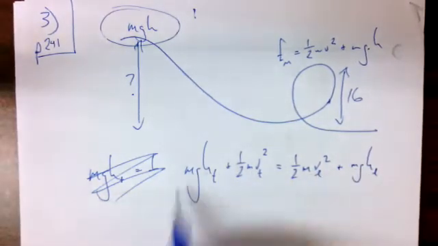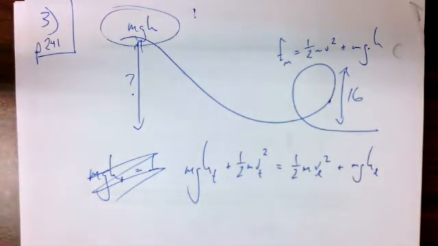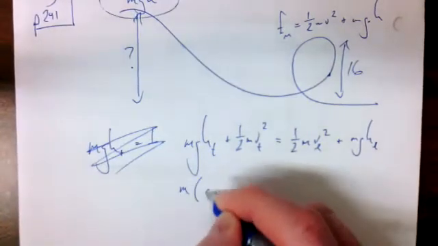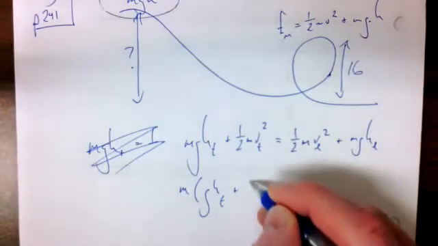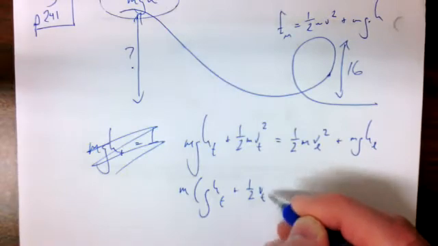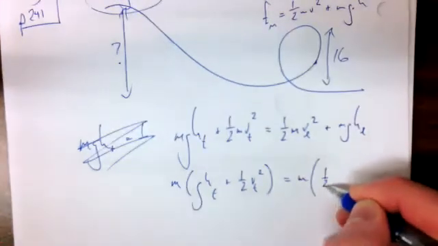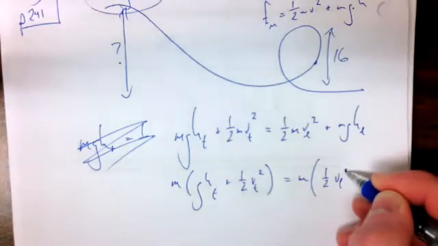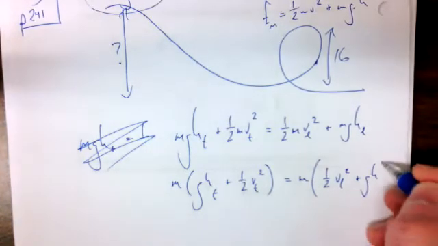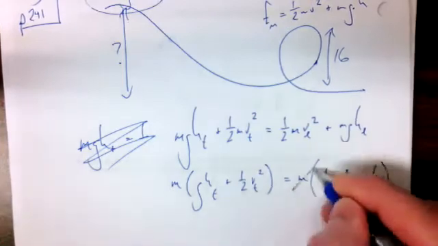You can factor out an m from every one of these, right? So if I rewrite this: gh_T plus 1/2 v_T squared equals, taking an m out, 1/2 v_L squared plus gh_L, and then the m's cancel.